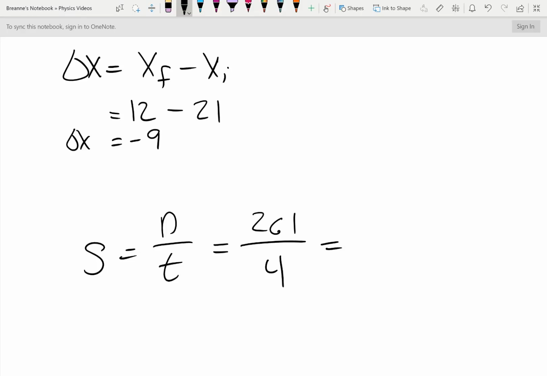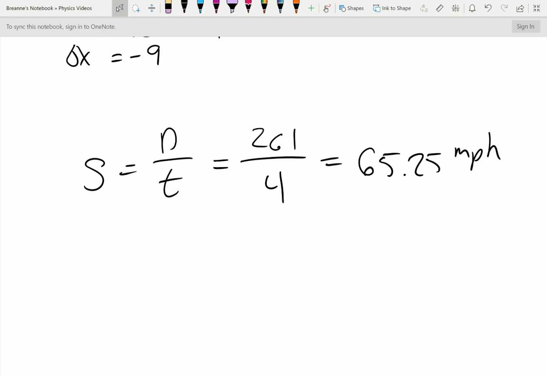You just take your total distance divided by your total time, and your speed was 65.25 miles per hour. So good, they were going the speed limit. Now your velocity is your displacement over total time.